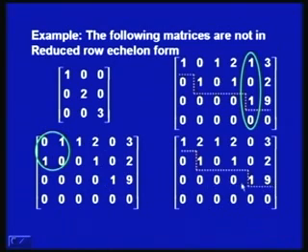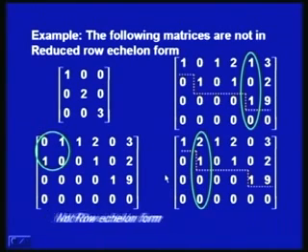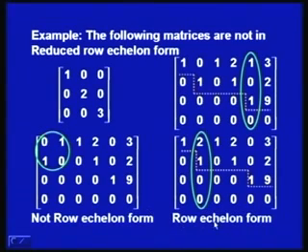Now in this case again the staircase pattern is there, but this particular column makes it different from a row reduced echelon form, because this is the leading one, but this has another entry which is non-zero. So this again is not in reduced row echelon form. So they are not in reduced row echelon form, but they can be in row echelon form.